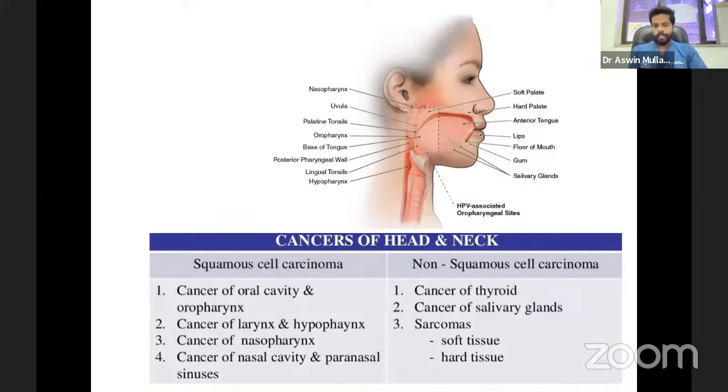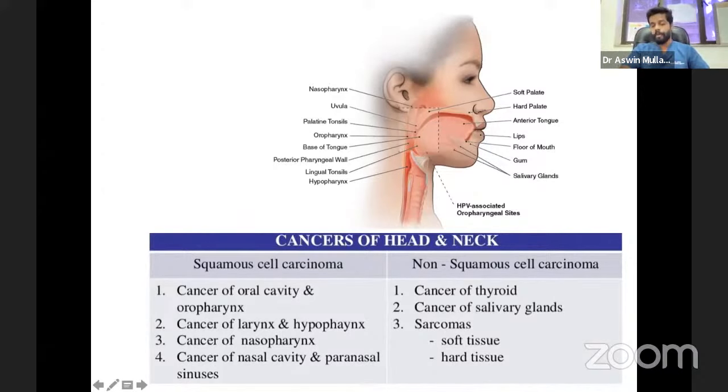Then sarcomas. Here in this picture, you can see the subsite distribution of head and neck. You can start from the oral cavity. Here we can see the oral cavity and its subsites: anterior tongue, lip, floor of mouth, alveolus, gums, etc. Then posterior tongue. The posterior tongue is not considered to be a part of the oral cavity.